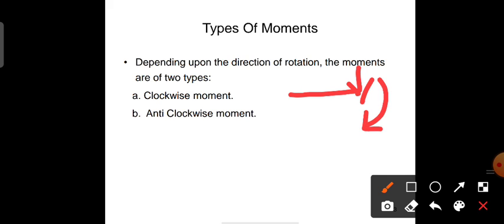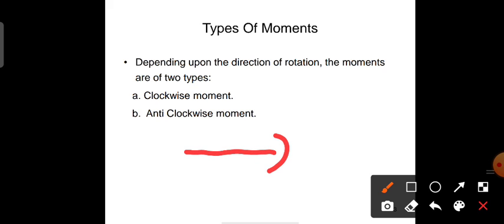If the body tries to turn in the clockwise direction, then the moment you get is a clockwise moment. Anti-clockwise moment means, for example, if you apply a force like this, then the body will try to rotate or turn in the anti-clockwise direction. That moment is called an anti-clockwise moment. So this is the clockwise moment.